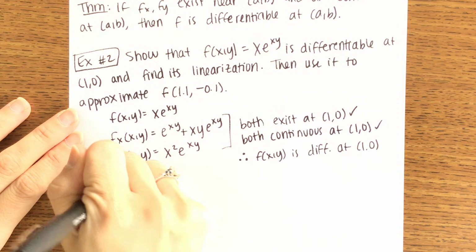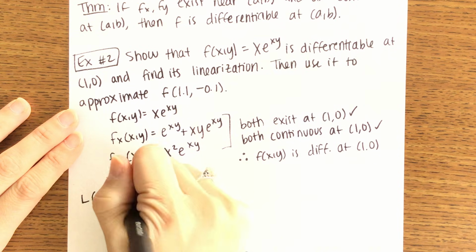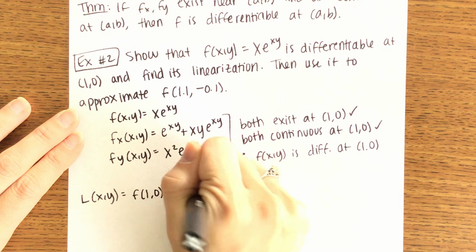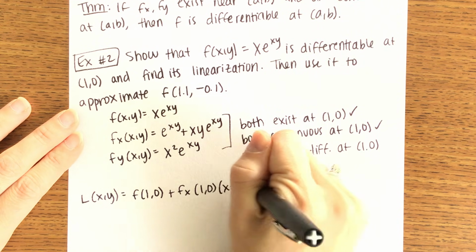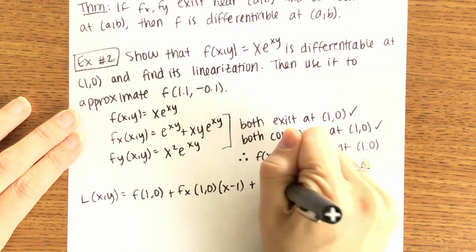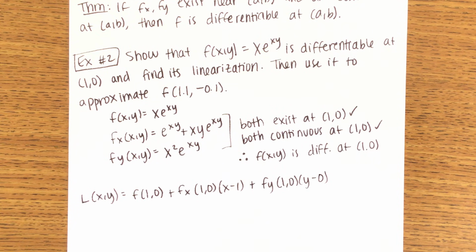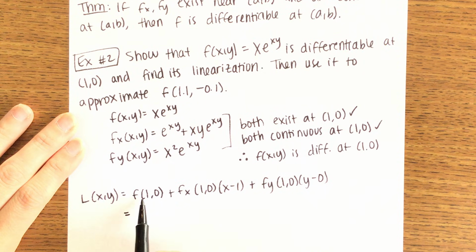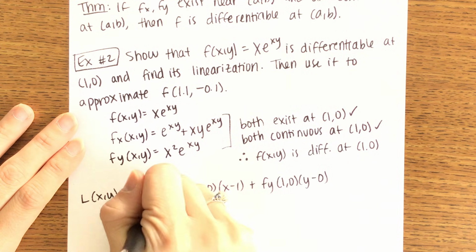Okay. Next, we need to find the linearization, which is L of x,y. That's going to be f of 1, 0 plus the first partial with respect to x at 1, 0 times x minus 1 plus the partial with respect to y at 1, 0 times y minus 0. If you plug 1, 0 in up here, you're going to get 1.